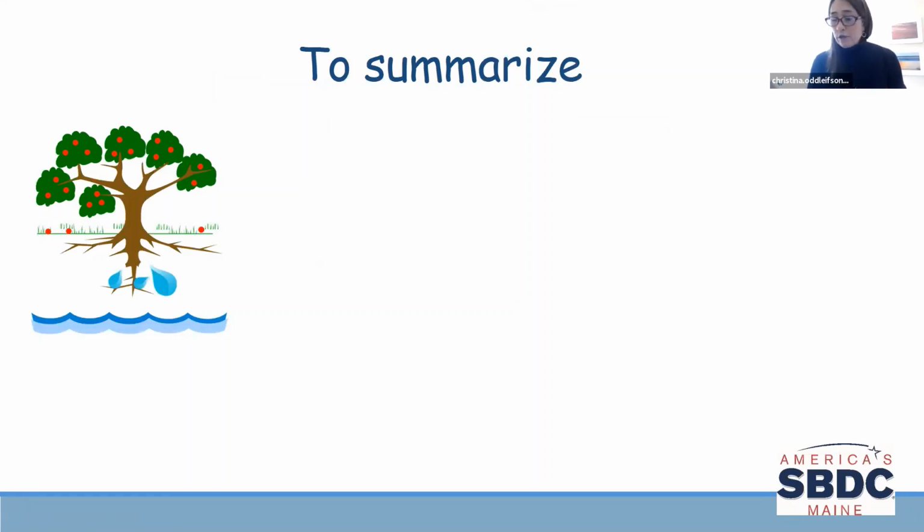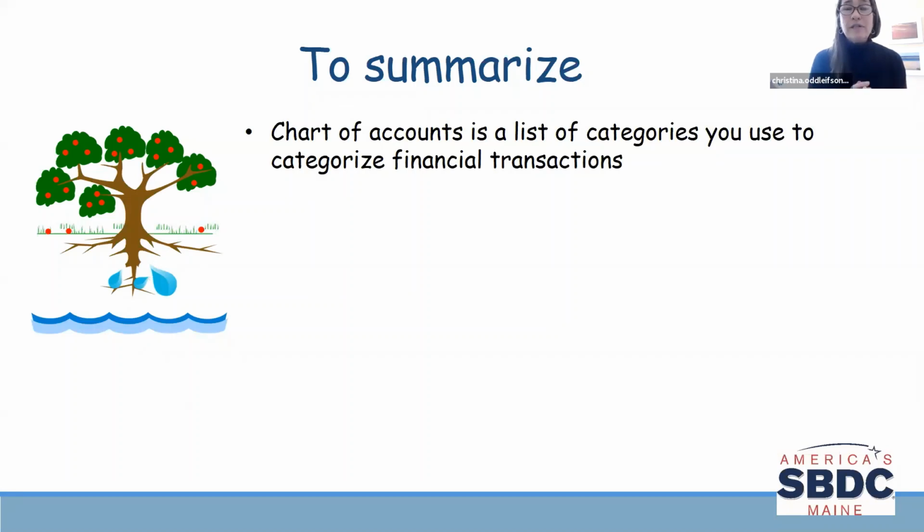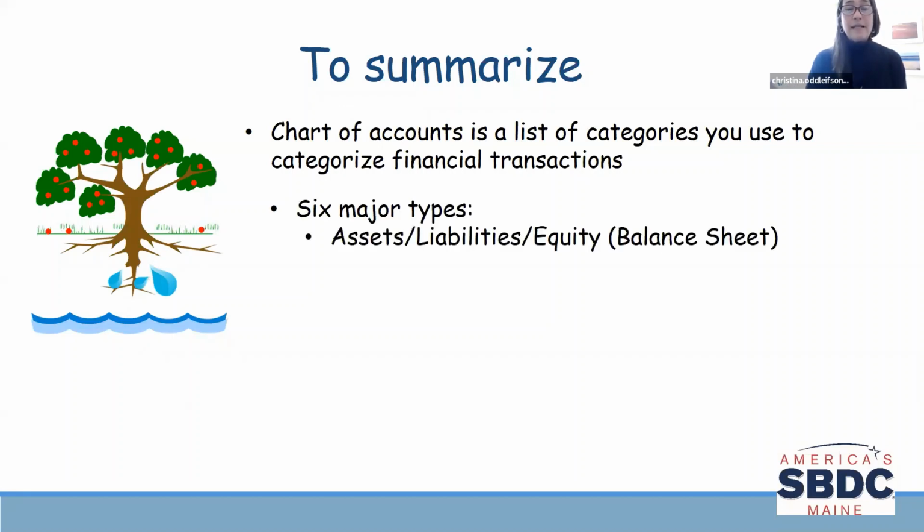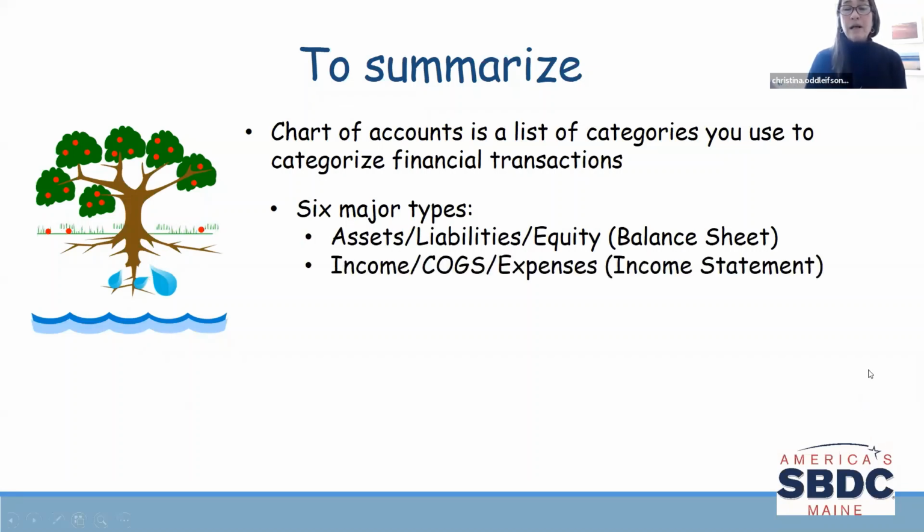So before we go over to QuickBooks and take a look at the chart of accounts, I just want to summarize where we've been. So the chart of accounts is just a list of categories you use to categorize your financial transactions. There's 6 major types: assets, liabilities, and equity, and these are all balance sheet accounts. There's income, cost of goods sold, and expenses, and these are all income statement accounts.